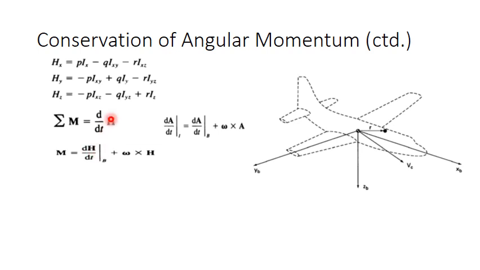we have to differentiate first the angular momentum with respect to the body axis frame, then add omega cross the vector itself, which is the angular momentum with respect to the body frame.